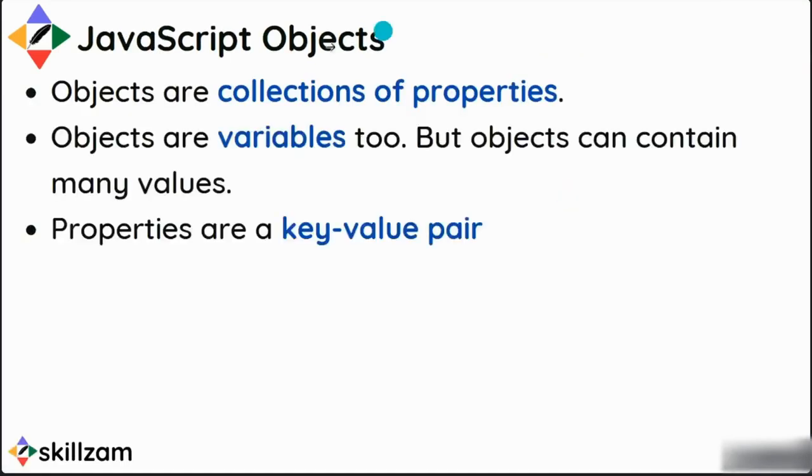Whenever you talk about an object, it is always key value pairing that you will see. The key is always a string, whereas the value varies depending on what the key holds. These key value pairs are nothing but properties.